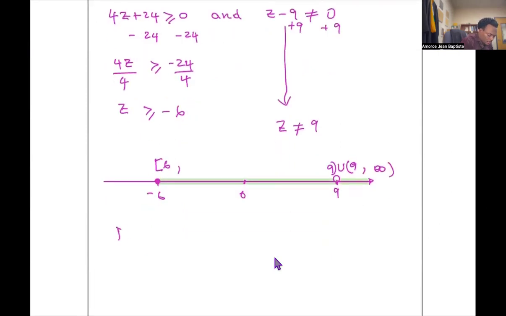So that's the domain. The domain of this function will be bracket on -6 because it's included, to 9. We're not including 9 because we don't want it in this domain. Union 9 to infinity. That's the domain for this particular function.